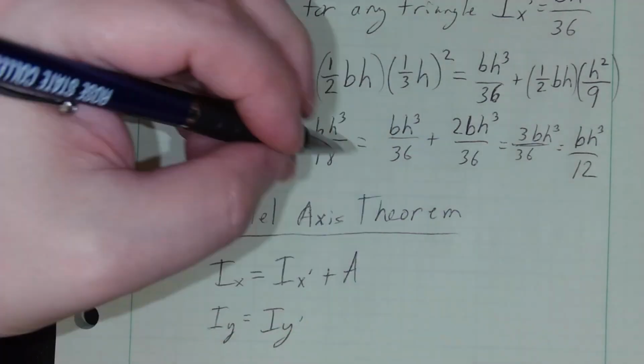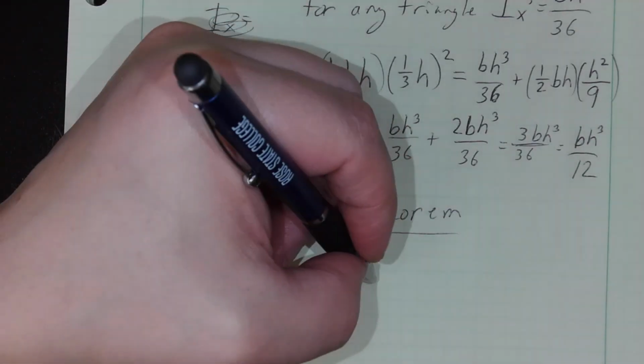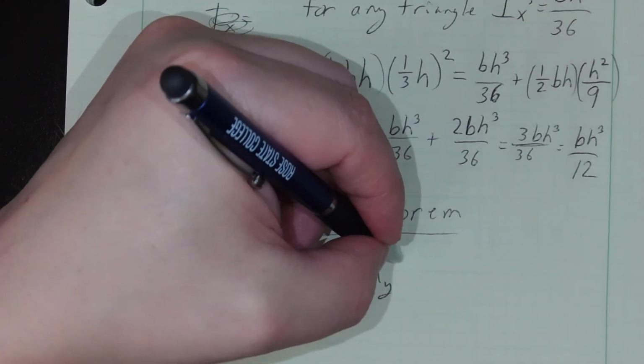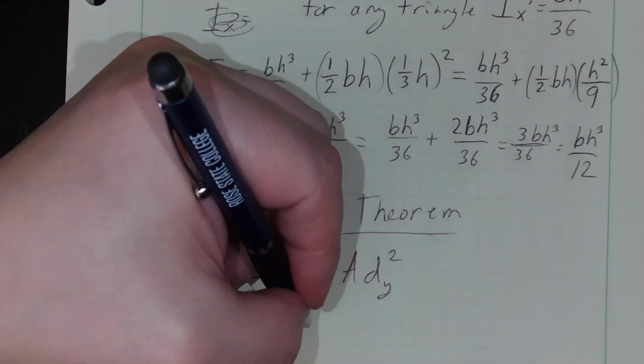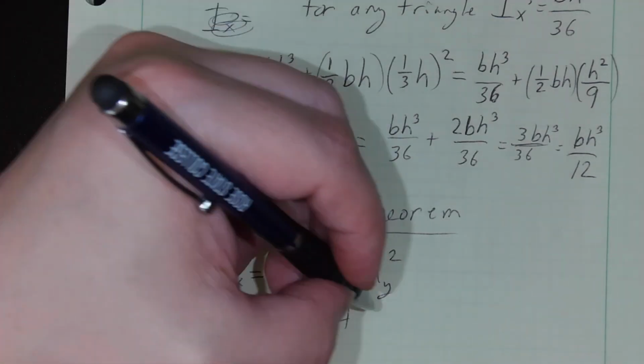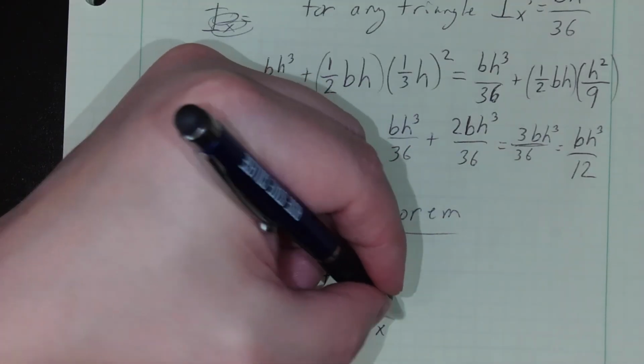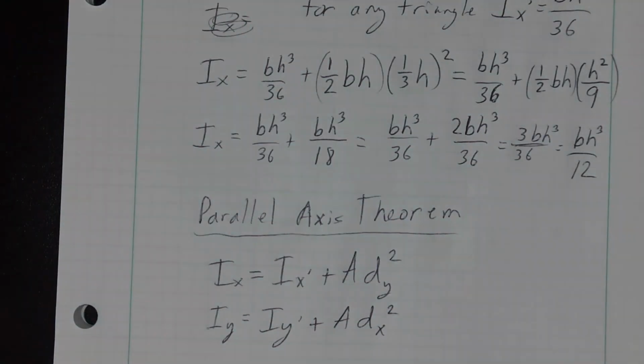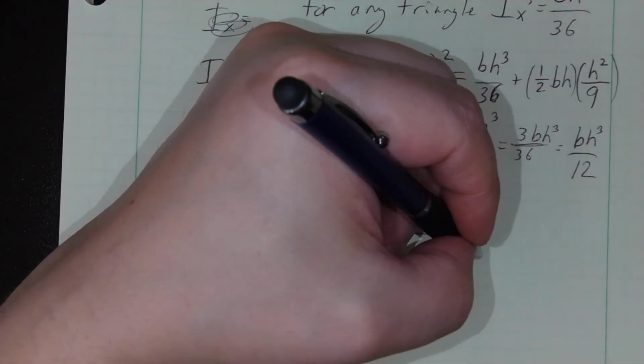I add to it the area. In the case of the x-axis, it's going to be a distance in the y direction, d sub y squared. And if I've got two y-axes, it's going to be area times d sub x, the distance in the x direction between the two y-axes.